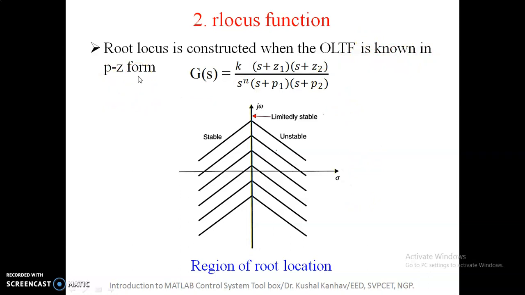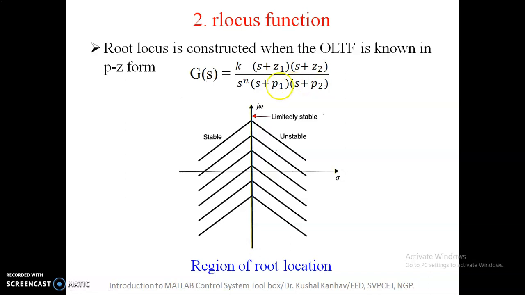If you want to plot the root locus for a control system, then the open loop transfer function should be represented in pole zero form. This is a general representation: G(s) = K (s+z1)(s+z2) / s^n (s+p1)(s+p2). The numerator terms indicate the zeros of the system and the denominator terms indicate the poles of the system.